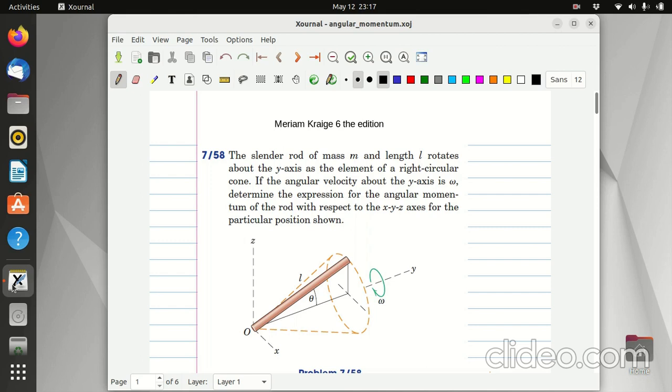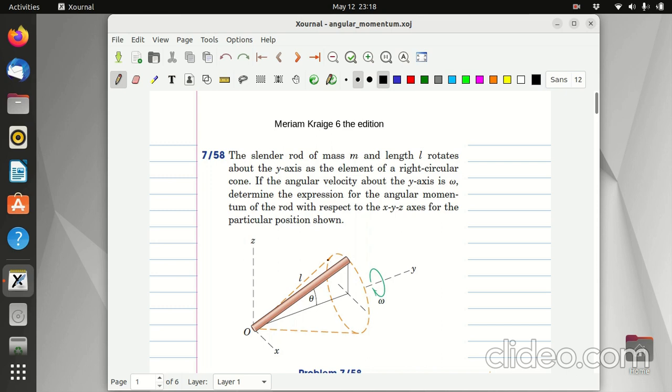So here in the first problem we find the angular momentum of this rod. The rod rotates about this y-axis with an angular speed of omega, and it rotates in such a way that the axis of the rod remains on the surface of this cone.